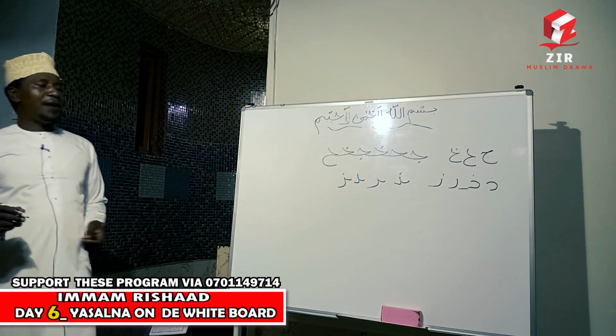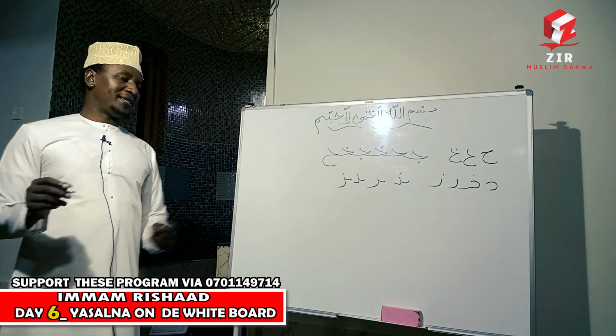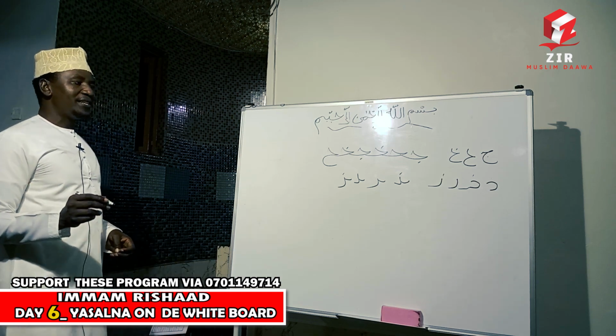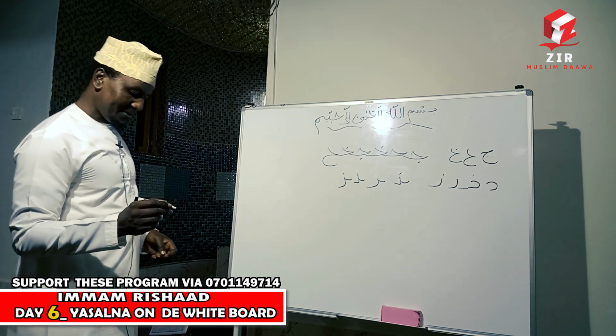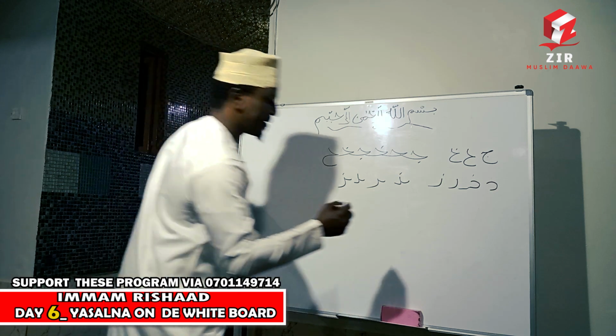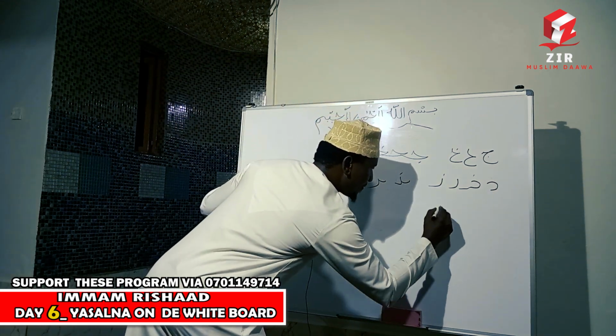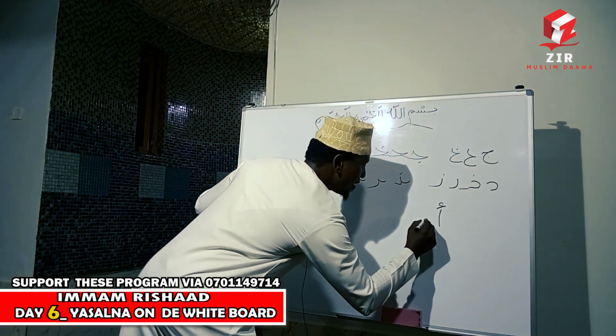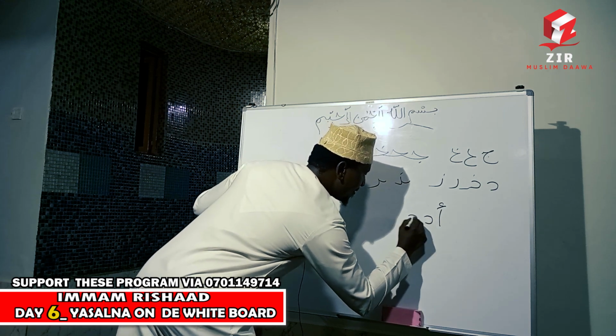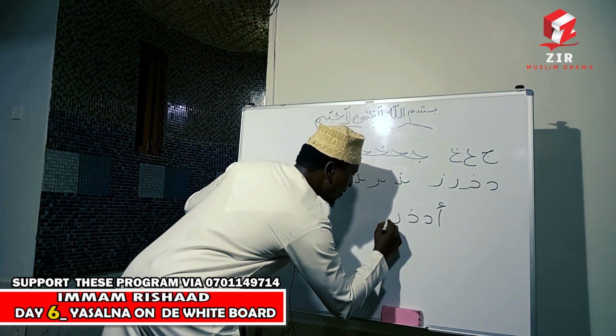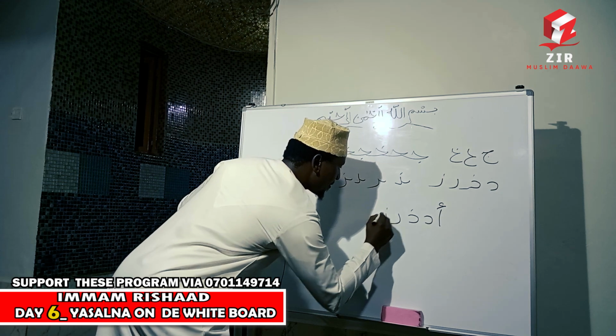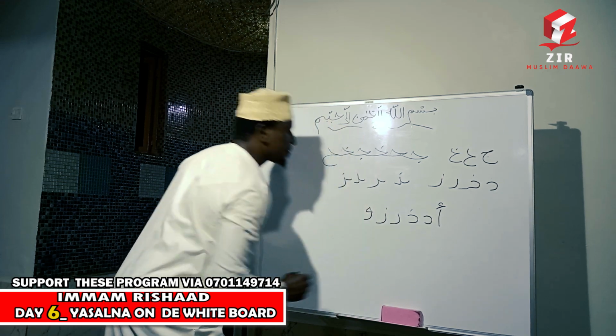So, among the Arabic alphabets, we have 6 letters. Those are Alif, Dal, Dal, Ra'u, Zal, and Waw.